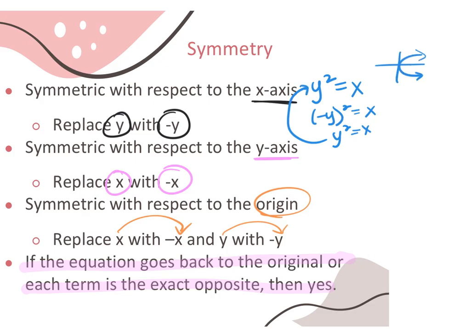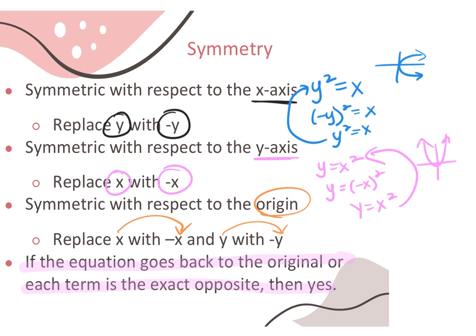That would have x-axis symmetry. For y-axis symmetry, we could use our parent function for a quadratic, y equals x squared. If I plug in a negative x, and I square it, it goes back to the original. And if you think about that parent function, it's a parabola on the y-axis. So it would be symmetric to the y-axis.